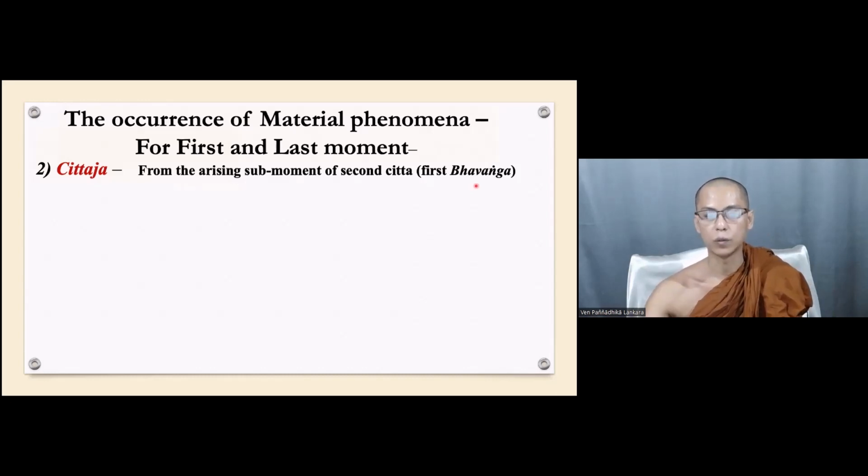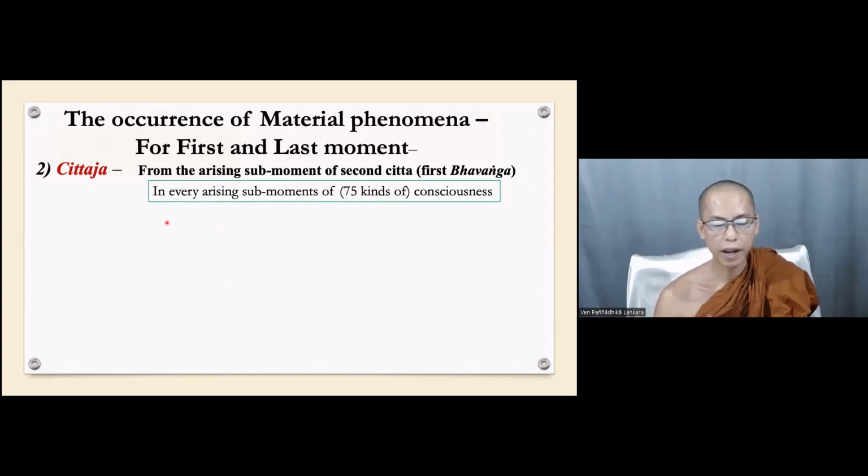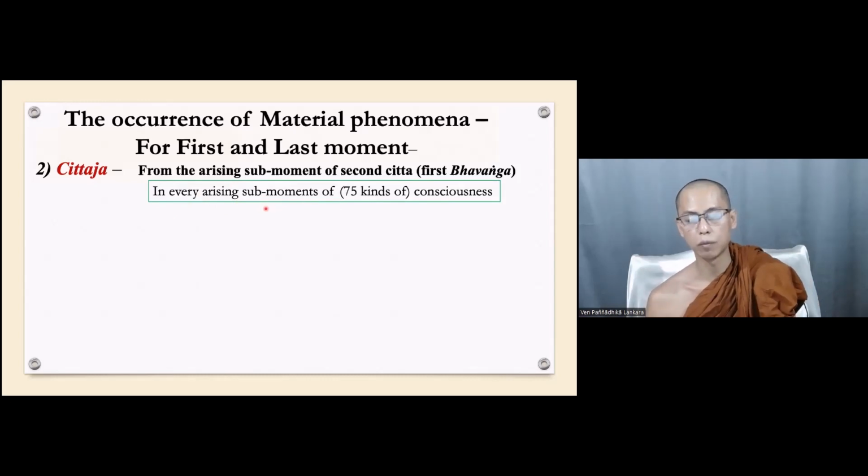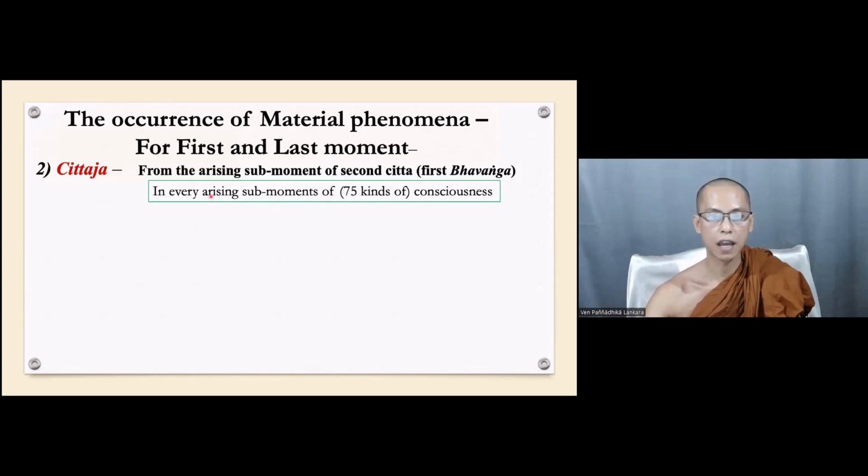Then the production is repeated in every arising sub-moment. This is different from karma-born materiality, which is produced in every sub-moment. Here it is every arising sub-moment. So the arising of the first bhavanga started it, and the arising of the second bhavanga is the second production. But the present and dissolution moments are skipped. No production of consciousness-born materiality.